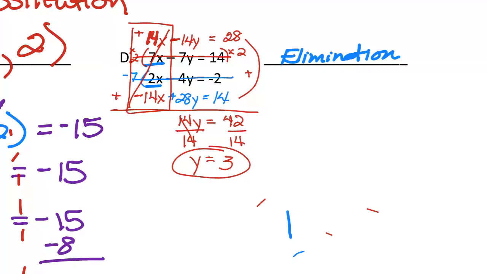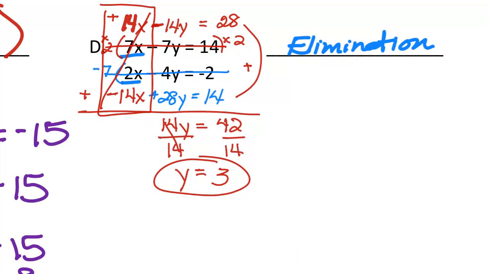So again, you have only found one of your two coordinates. So substitute that back into one of the original equations. So I'm going to do this one because it has a smaller coefficient in front of the y.